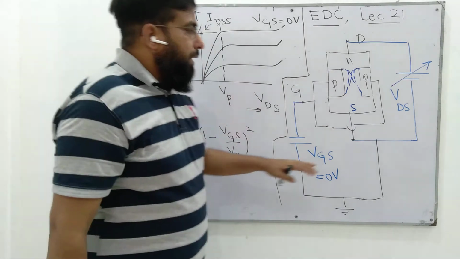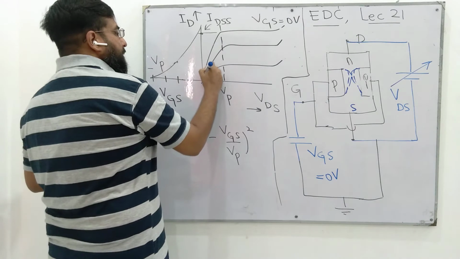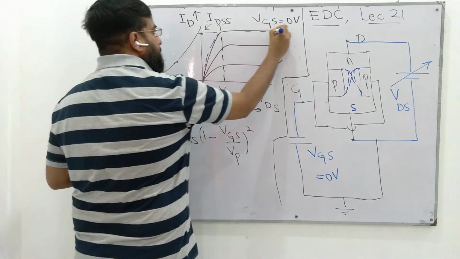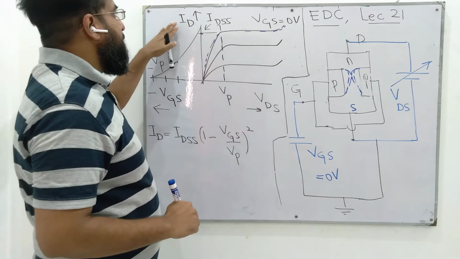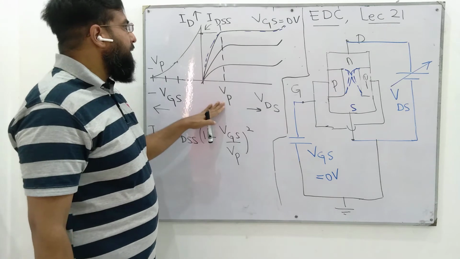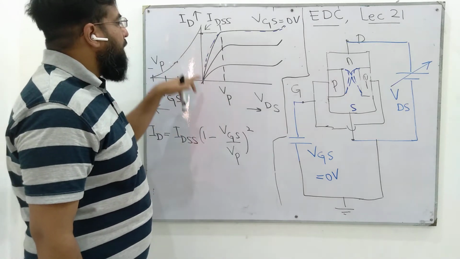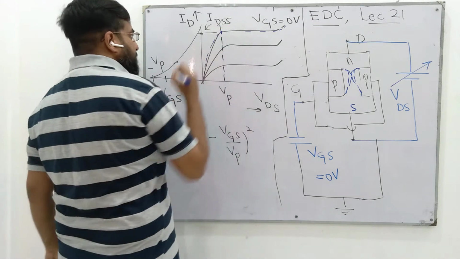If we have VGS equal to 0 volts, the characteristics are this. We have plotted ID versus VDS. As we increase VDS, the current ID increases up to a certain point here.